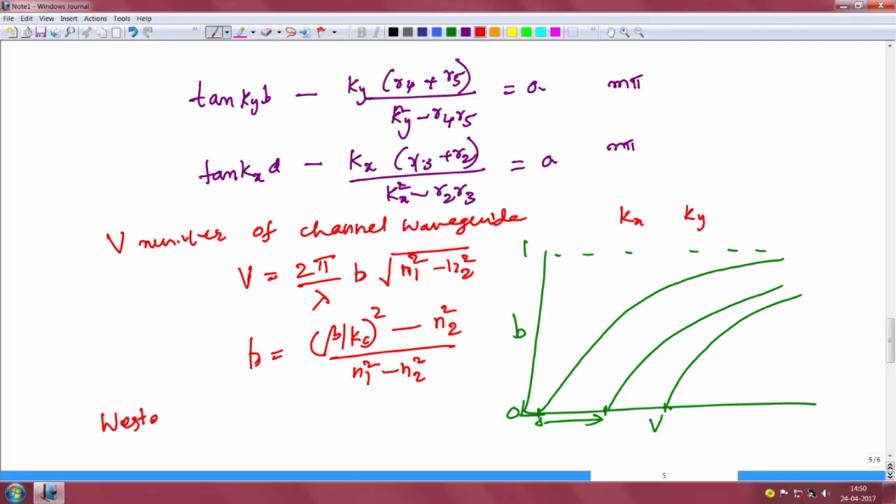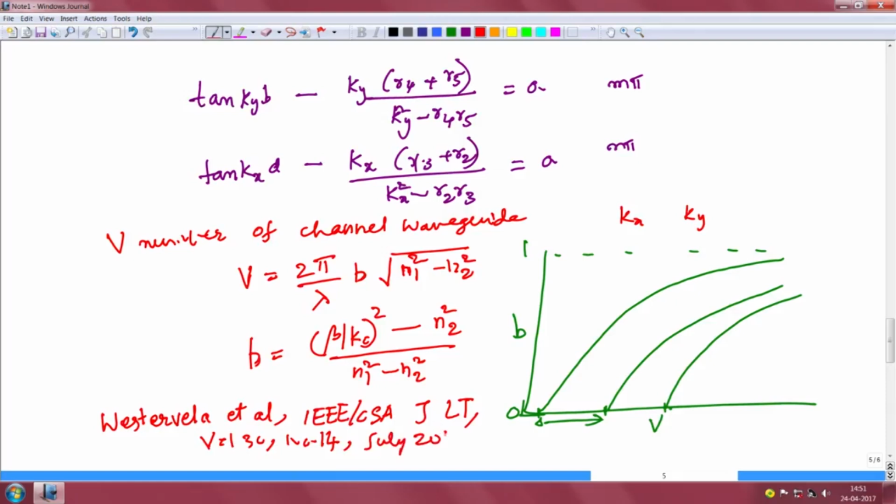This is by Westerveld et al., IEEE OSA Journal of Lightwave Technology in 2012, volume number 30, number 14, July 2012.